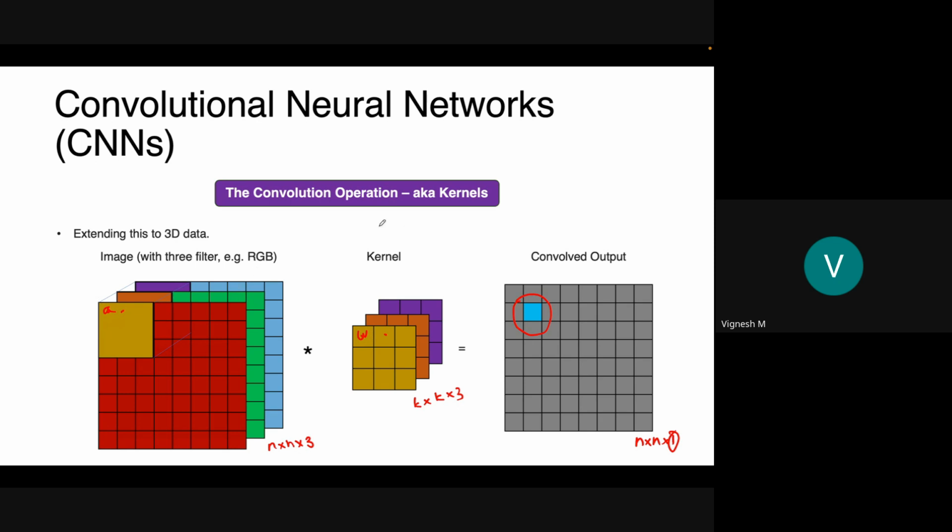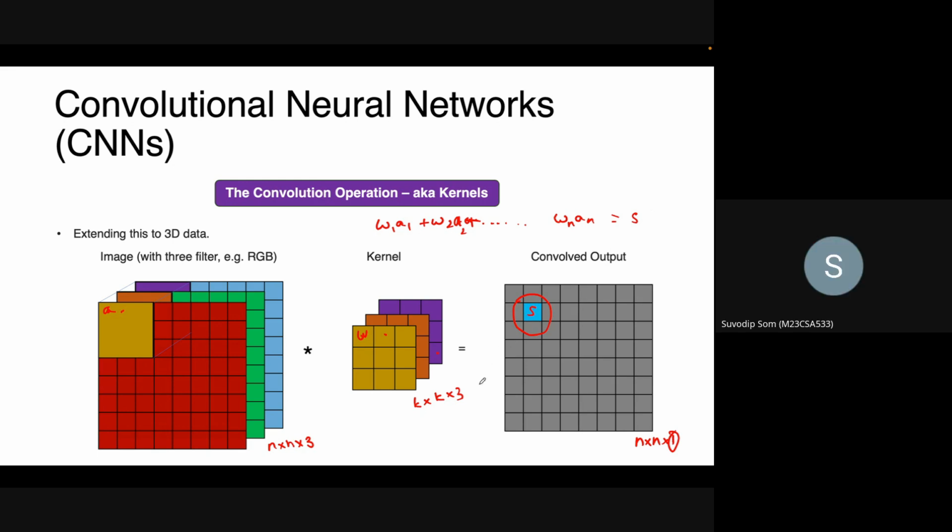And then when you do w1 a1 plus w2 a2 plus dot till wn, right? So then you get just a single output. So when you convolve with a three-dimensional kernel, you get a single output, because the output of a dot product is always a scalar, right? So you just get one output, always some scalar s. So that's what you get here.